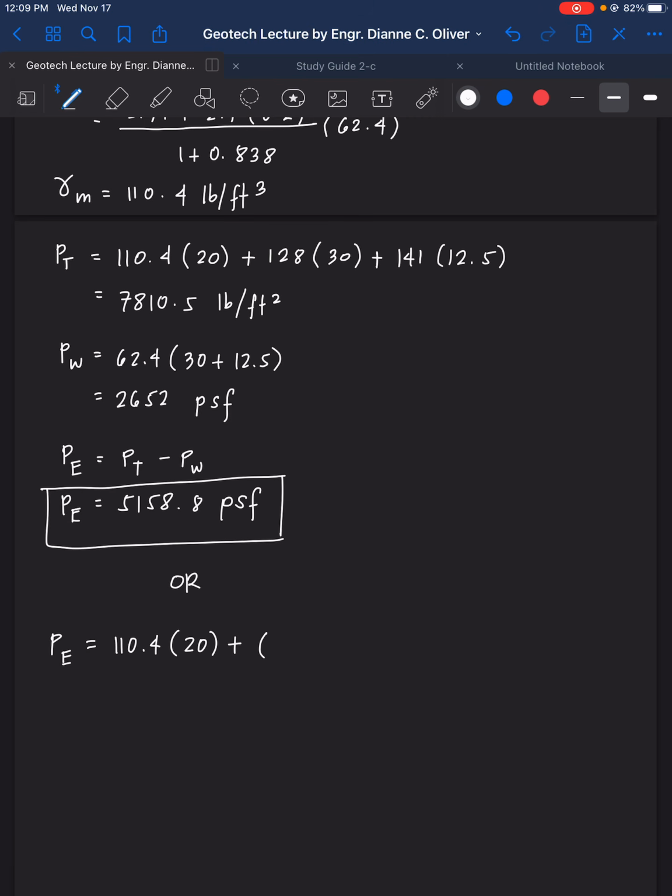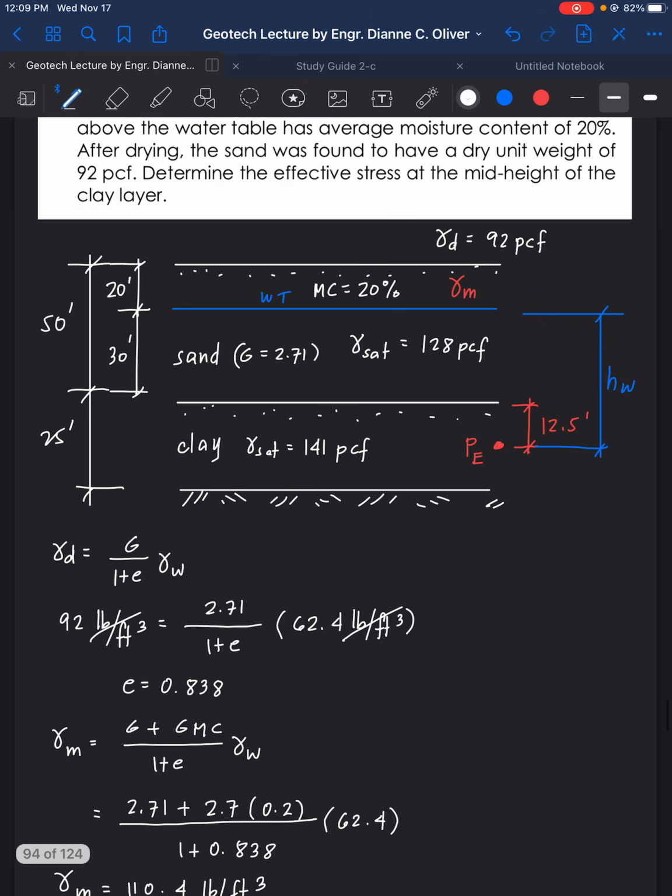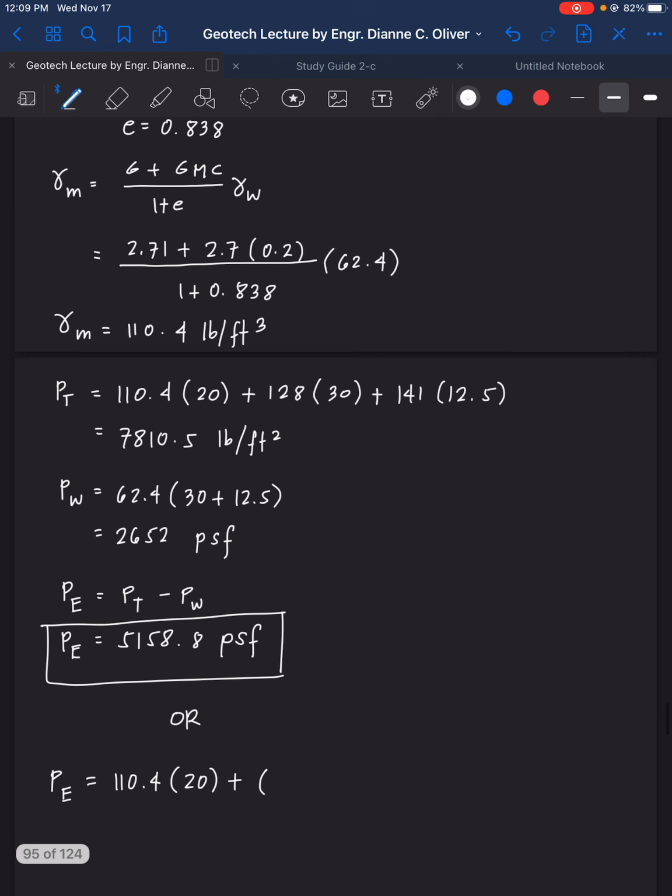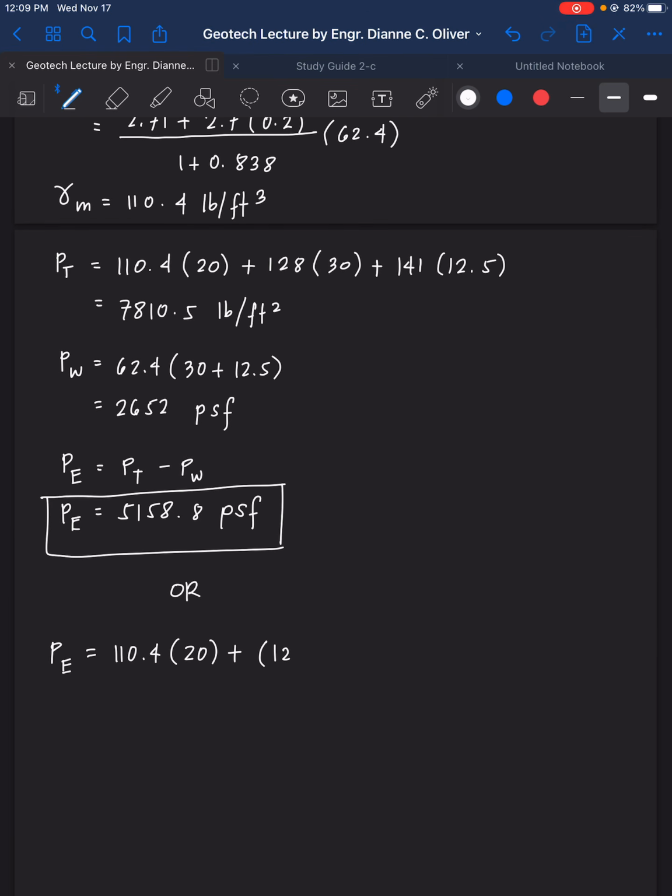Next is the one who is submerged, gamma sat, 128 PCF. 128. You deduct the gamma of water, which is 62.4. This is to get the gamma effective.